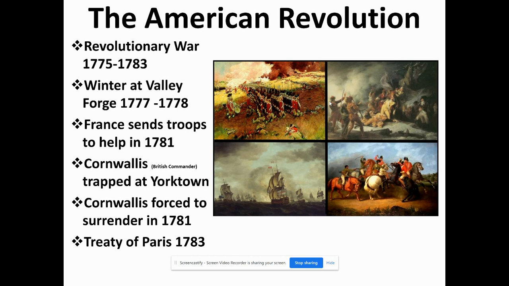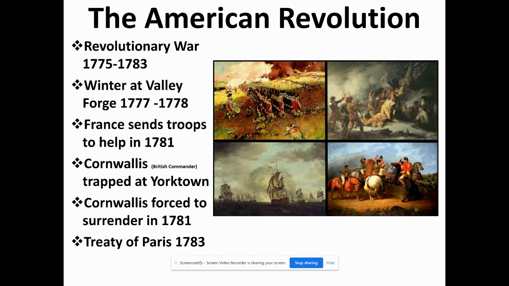And so here's the most powerful country in the world, and you're looking at it and you're thinking, oh my gosh, these little colonies are actually going to win this thing, and they're going to defeat this huge military power. And so in 1783, the Treaty of Paris is signed. So basically the British are going to show up in Paris, and the Americans show up in Paris because it's considered more of a neutral area.